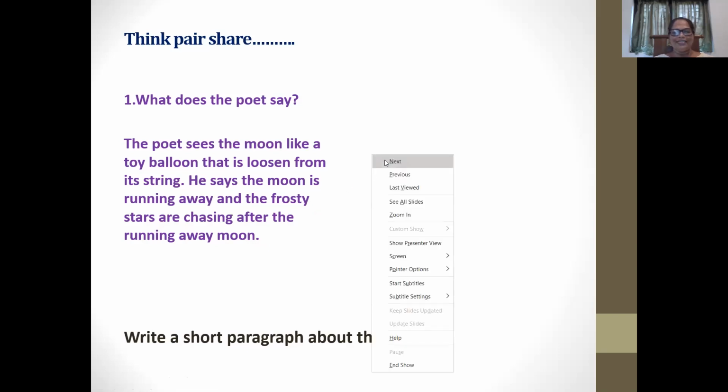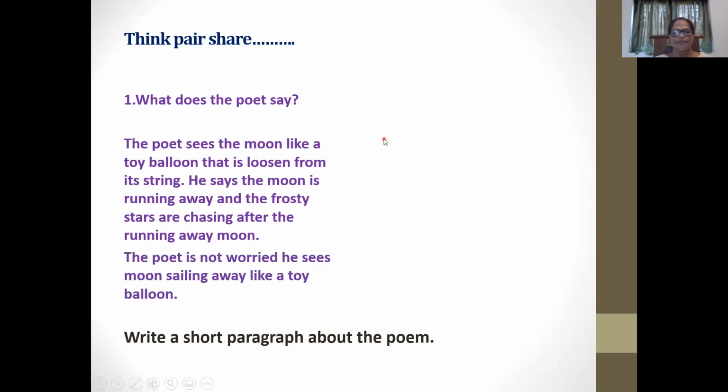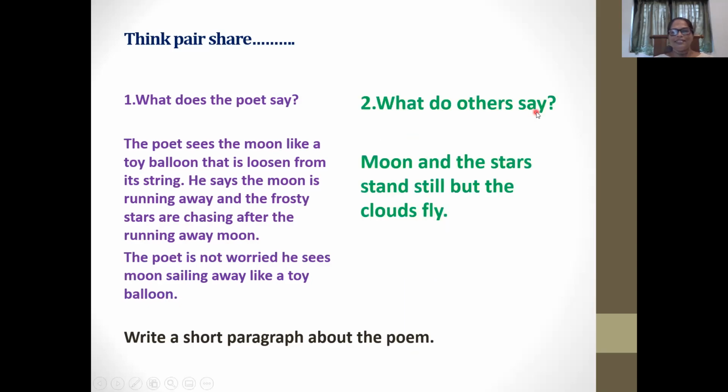So the poet tells that to us. What do others say? Moon and the stars stand still, but the clouds fly. Do you see the two ideas coming? Poet is telling one thing and the others are telling another. Others are telling moon and the stars, they stand still, but the clouds fly.